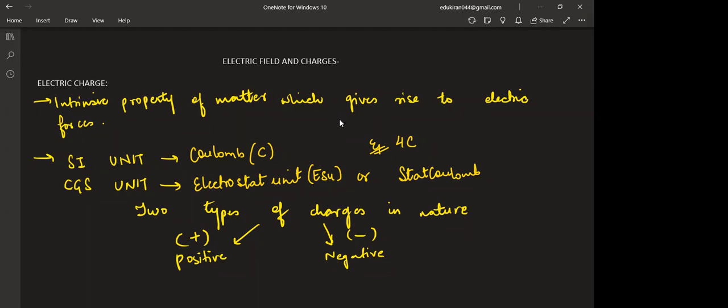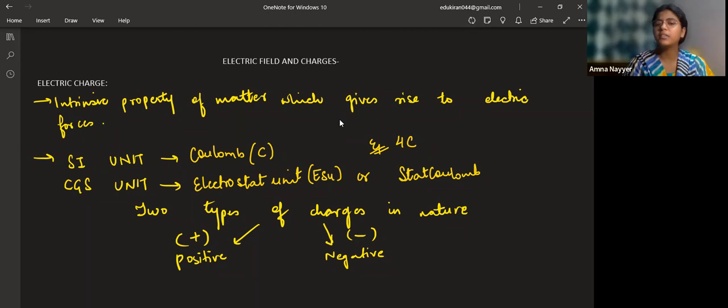See, a general idea when we see the names positive and negative as two groups of charges, we think that this is on a particular basis. As laymen, this only comes into our mind. But in reality, the scientist Franklin actually gave the terms positive and negative. So this was totally random.